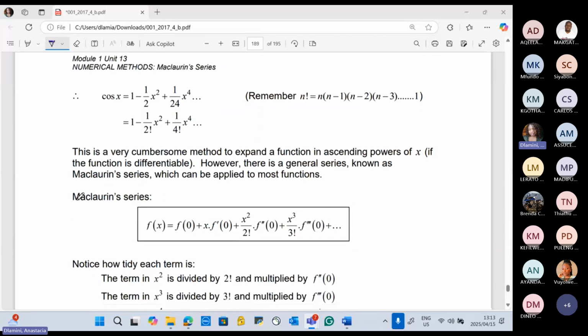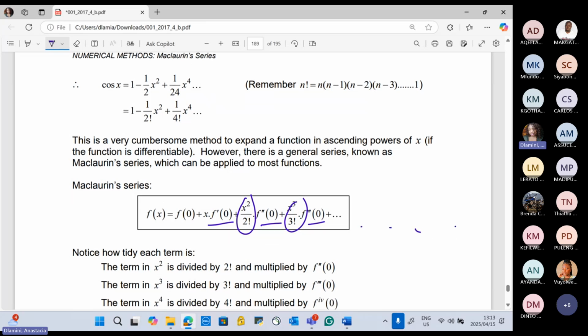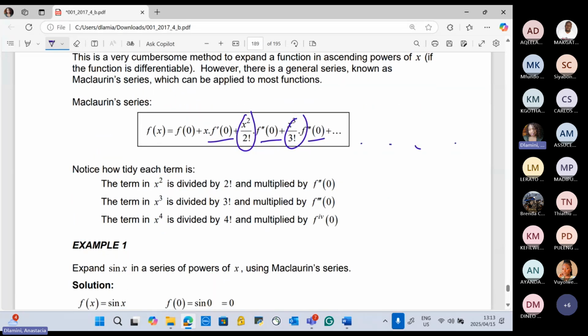I'll start here where it says, the Maclaurin series is then given by f of x is equal to f of 0 plus x times f prime of 0, plus dot, dot, dot, just to show it continues. Then they say, notice how tidy each term is.